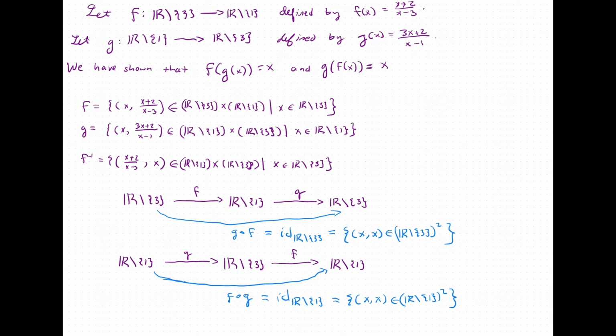Following that, we showed that if we took the composition of g with f, then that gave us the identity on the real numbers minus the set containing the element 3. And similarly, we showed that if we took the composition f compose g, then this was equal to the identity on the real numbers minus the set containing the element 1.